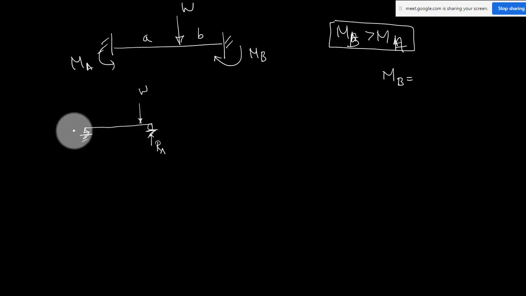Because it is a roller support, there won't be any moment. Because it is a fixed support, if you keep your load near to this support, all the reactions, moment, everything will be higher in this support. It is not W into this distance, that is wrong. This moment is not W into A.